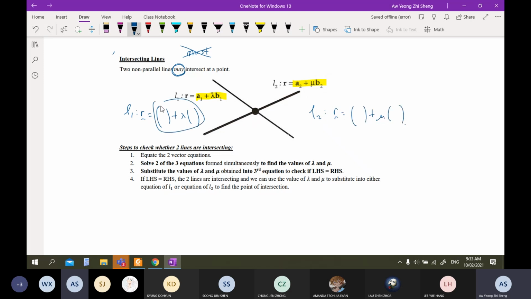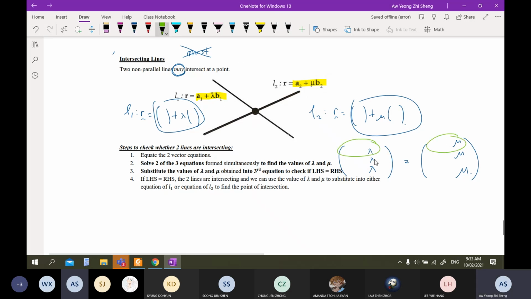When you equate this and this, you are going to have a vector in terms of lambda equal to another vector in terms of mu. Then you are going to get three equations by equating component by component, in terms of lambda and mu.